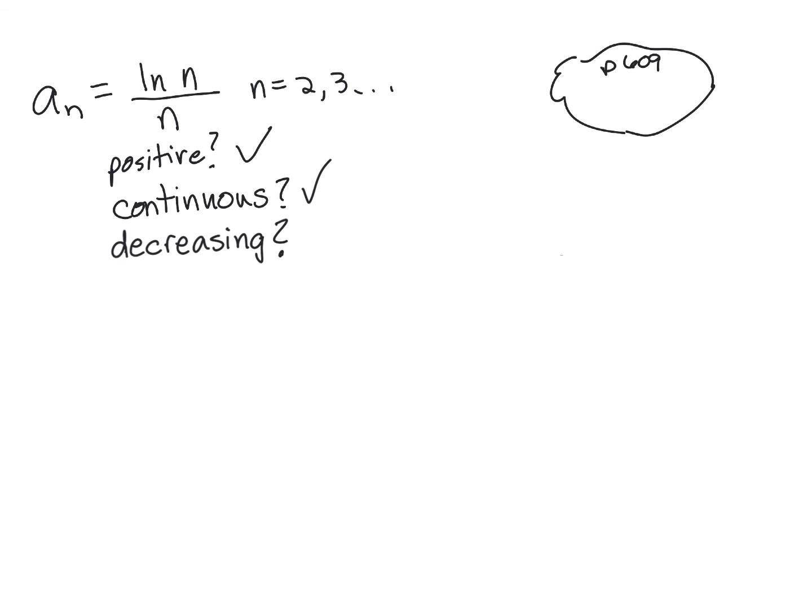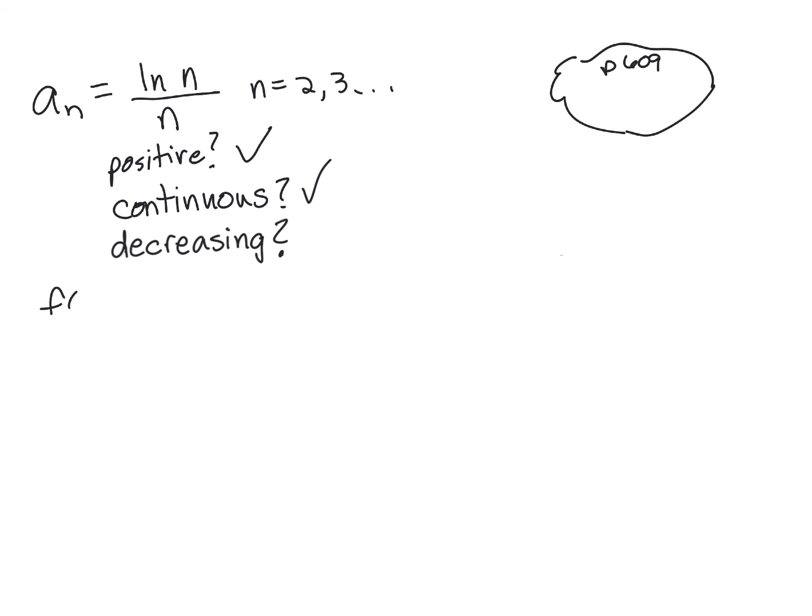Well, another way to tell if a function is decreasing is just to simply take its derivative. If the derivative is negative for all values of n or x from 2 to infinity, then our series will be decreasing as well.